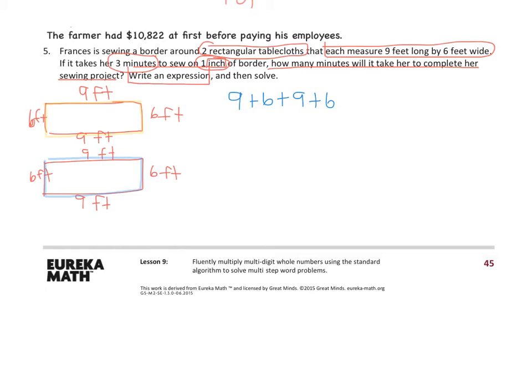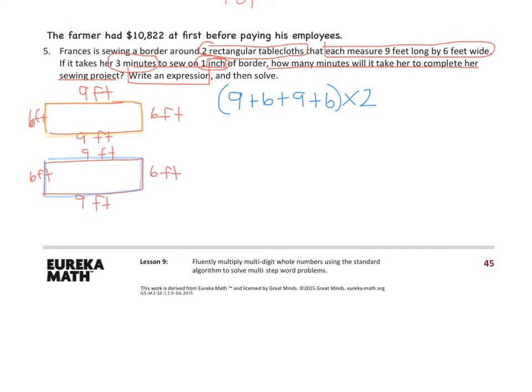But if we had to figure out the perimeter of 2 tablecloths, we could continue to do 9 plus 6 plus 9 plus 6 again, but a shortcut would be, okay, let's add these up together and then multiply it by 2. And that would give us how many feet in both tablecloths she would have to sew around.